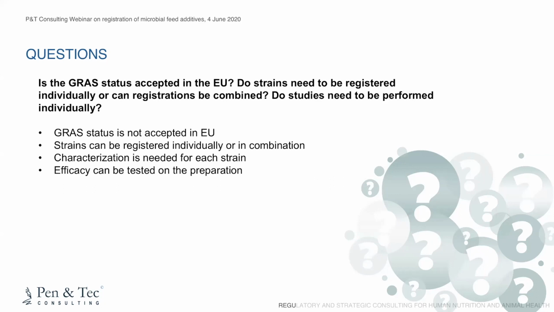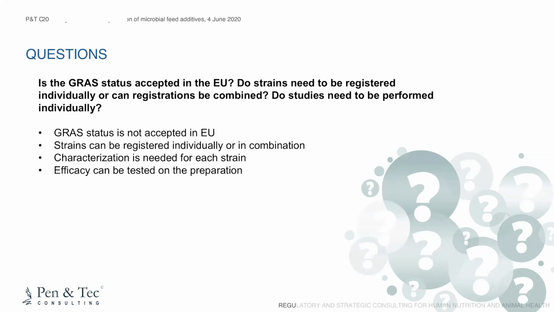So in relation to the first question, no, the generally recognized safe status does not apply in the European Union, and it is not recognized by the European Food Safety Authority or any of the EU authorities. In the US, our understanding is that direct fed microbials must be registered individually. However, in the EU, strains can be registered either individually or in combination.